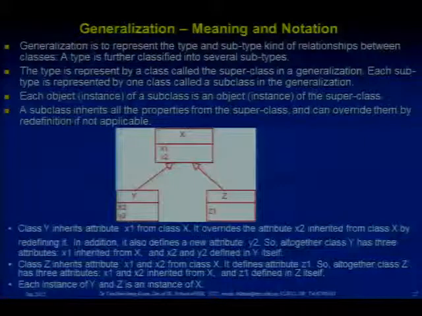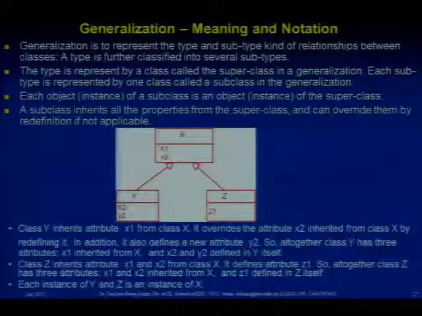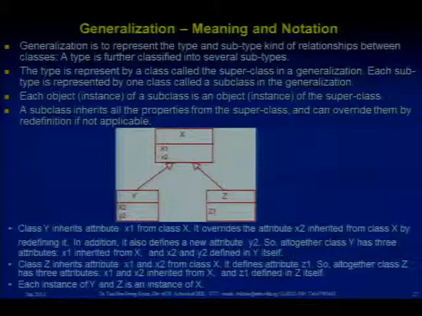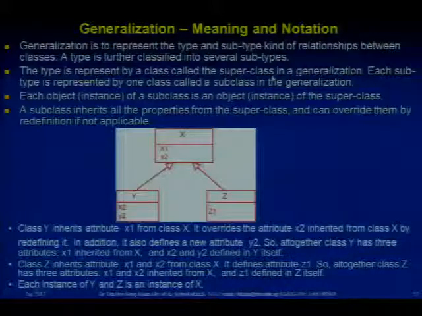If you classify a type of things into a number of subtypes, then we will define generalization to show it. In this case, the general type is represented by a class called the superclass, and each subtype is represented by a subclass.